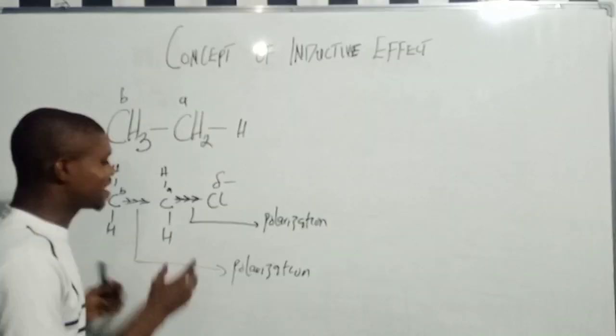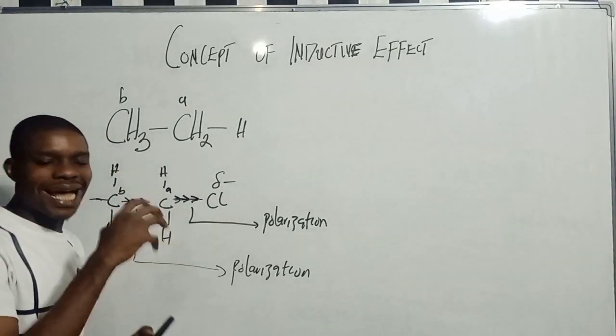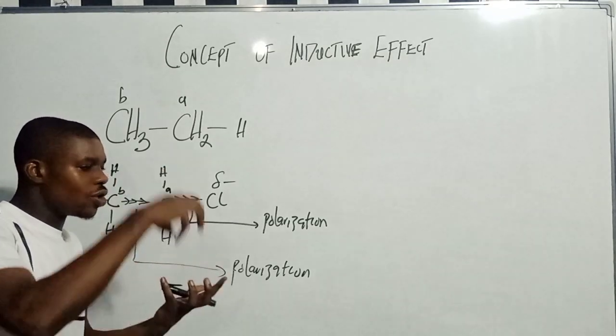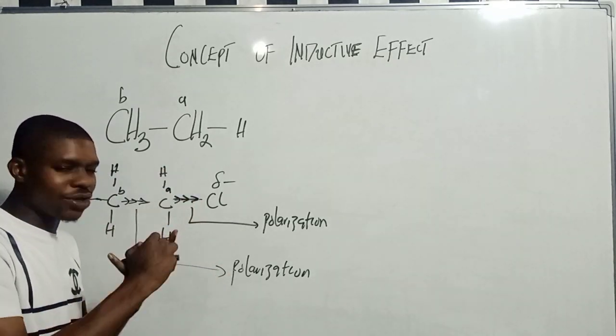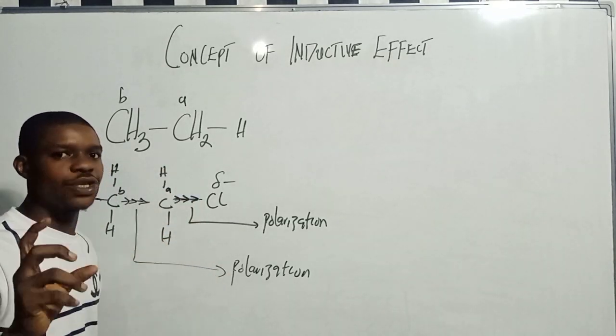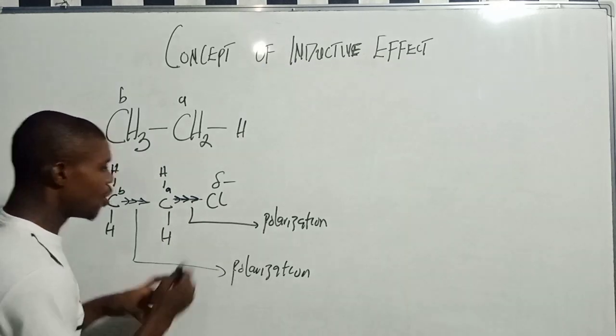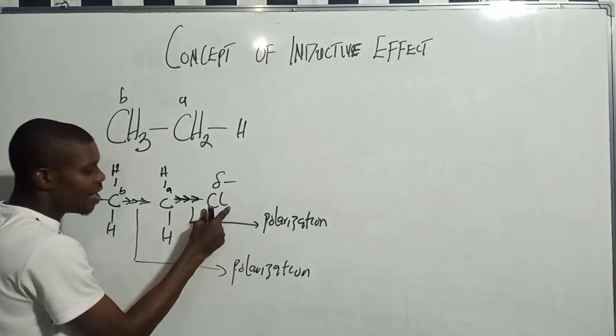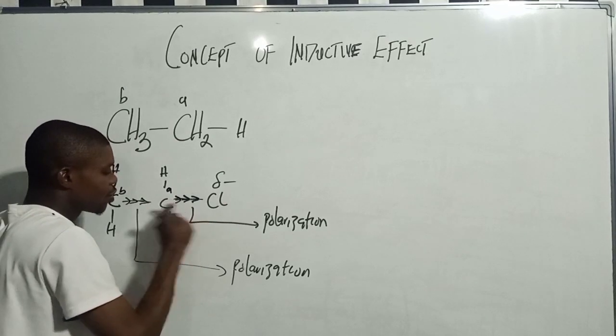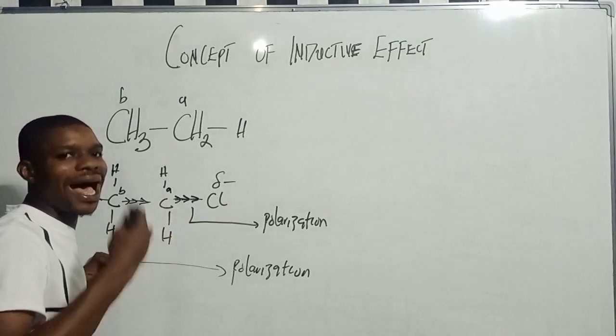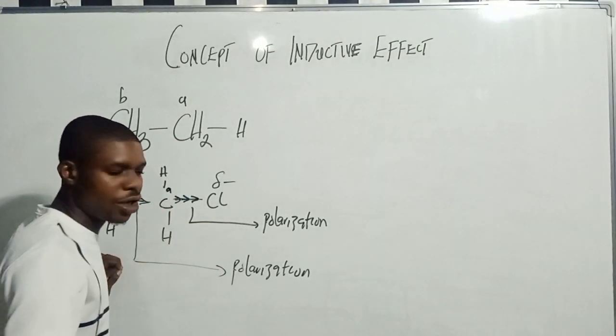Or I say that it is the effect which an atom or group has on the electron density at a neighboring site, by virtue of its electronegativity. So if you look at chlorine here, chlorine pulls electron away from this carbon because it is high in electronegativity. Do you get that?